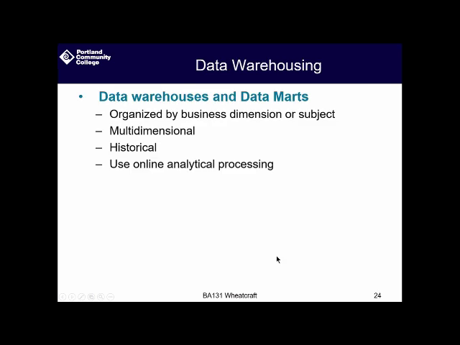So, data warehousing. When you hear the term data warehousing or data marts, all that's really referring to is that we've taken all the organization's data and put it in a central location. This can be an off-site location, and we're giving remote access to that data for whoever's authorized to it.